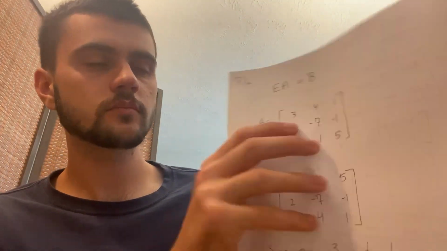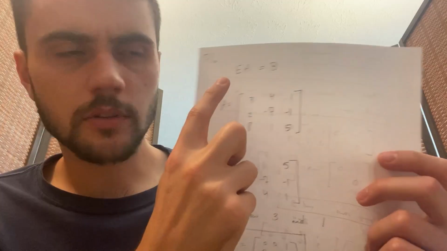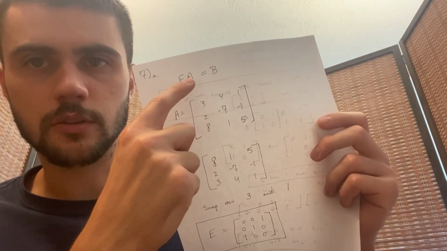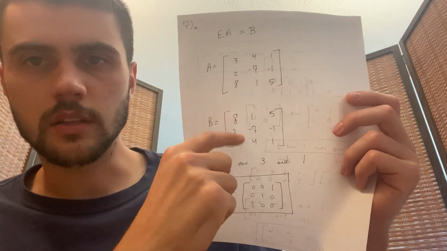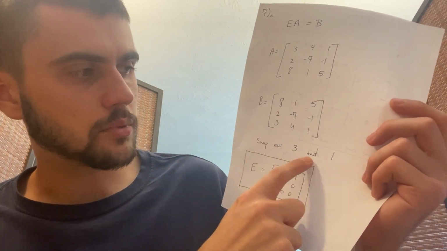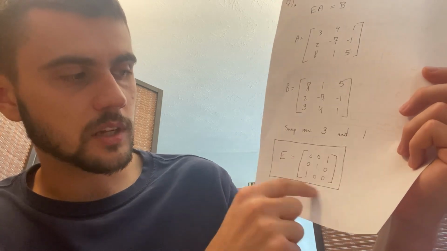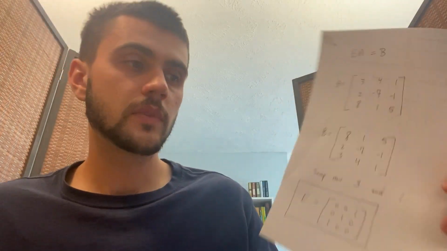Good. This one was just basically given two matrices, A and B, find E. And so we just found that you swap row 3 and 1 from A to get B. And so here's the elementary matrix that represents that.